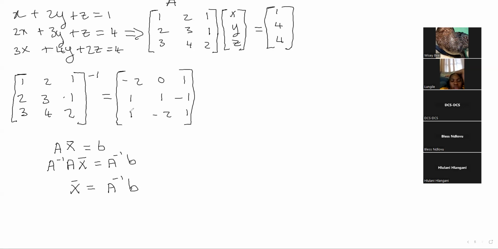And remember, this is our A inverse. It's probably going to be multiple choice, and we've been given the A inverse. In this case, we just put it as it is: minus 2, 0, 1, 1, 1, minus 1, 1, minus 2, 1, and then our B is 1, 4, 4.